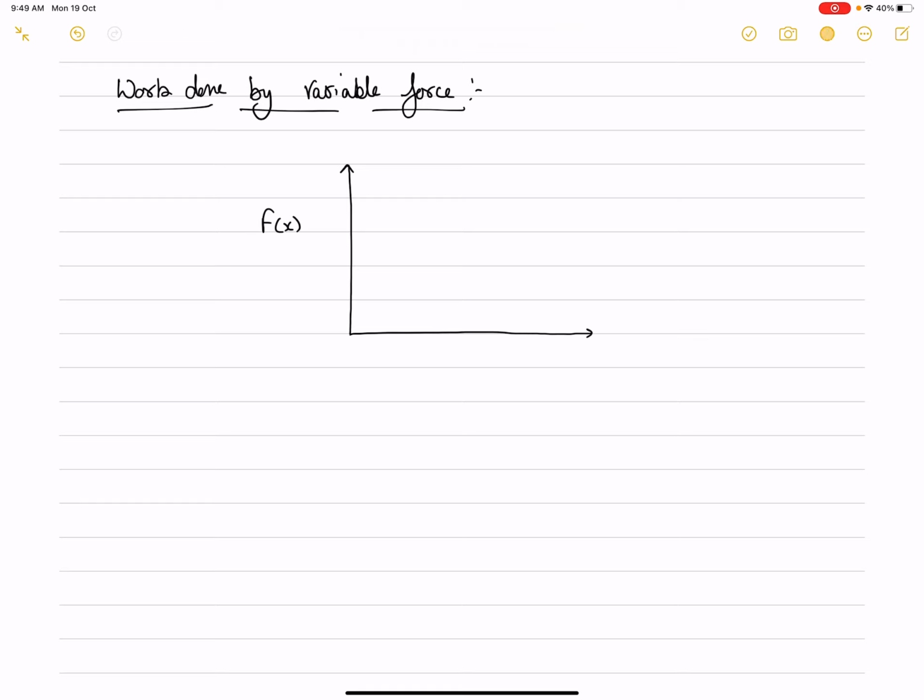Force is being applied which depends upon x displacement, and along the x-axis we are having displacement traveled. Now let's say this is the variable force because of which we want to calculate the work done.